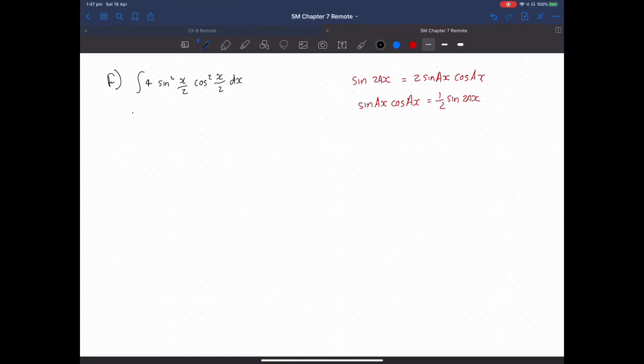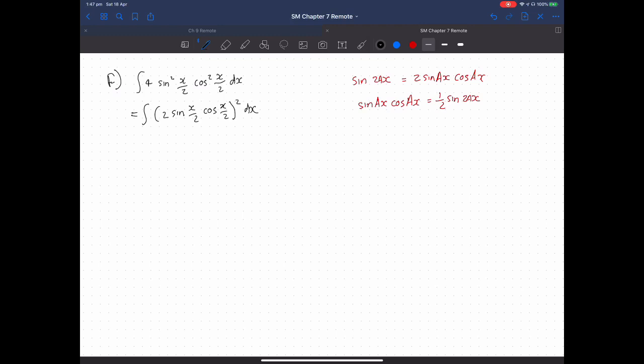What we have is the integral of 2 sine x on 2 times cos x on 2, all squared, dx.